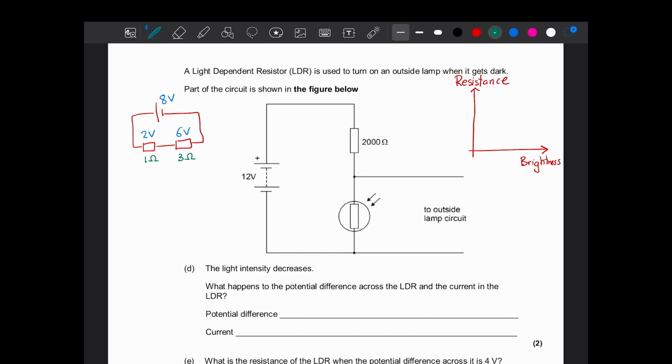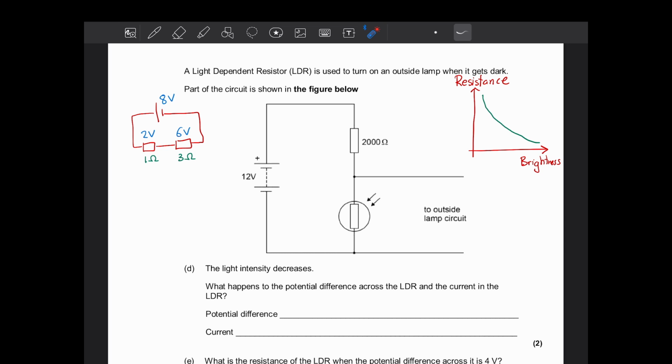I'm expecting a graph that looks like this. Lots of resistance in dark, very little resistance when it's very bright. Remember this by thinking about there being lots of resistance in the darkness. So there is resistance when it is really dark, and very little resistance when it's bright.